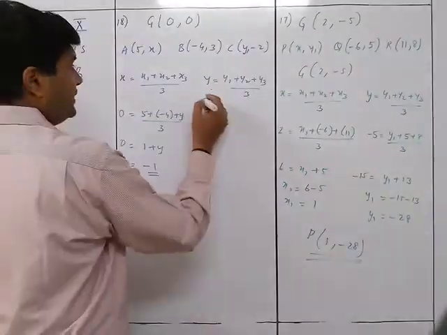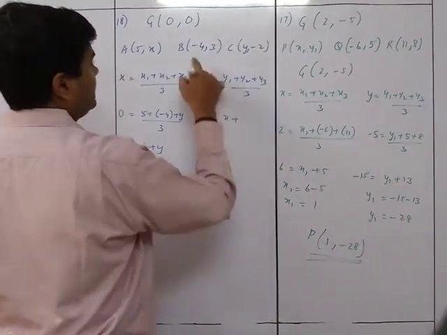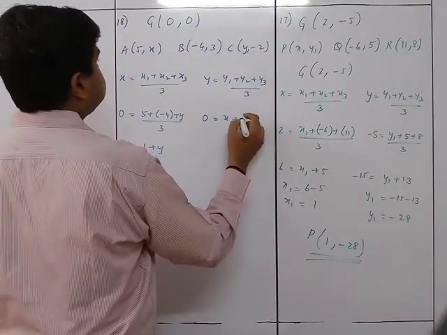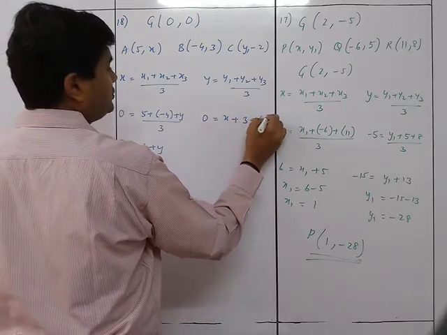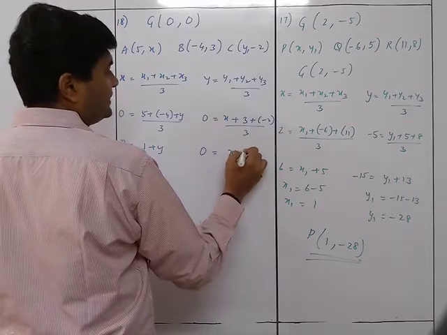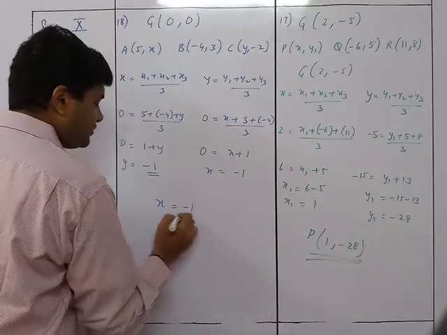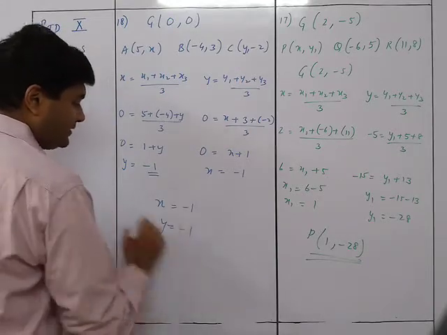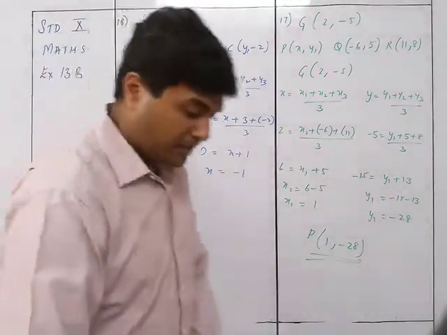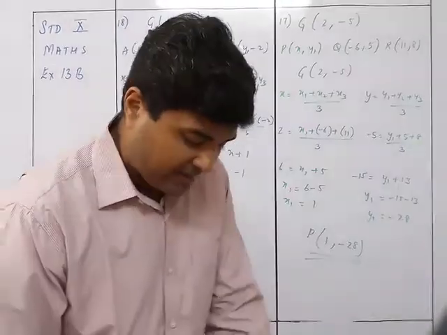And here it will be 0 is equal to x plus 3 plus minus 2 upon 3. So 0 is equal to x plus 1, x is equal to minus 1. Therefore, x is equal to minus 1 and y is equal to minus 1 is the required answer for sum number 18.